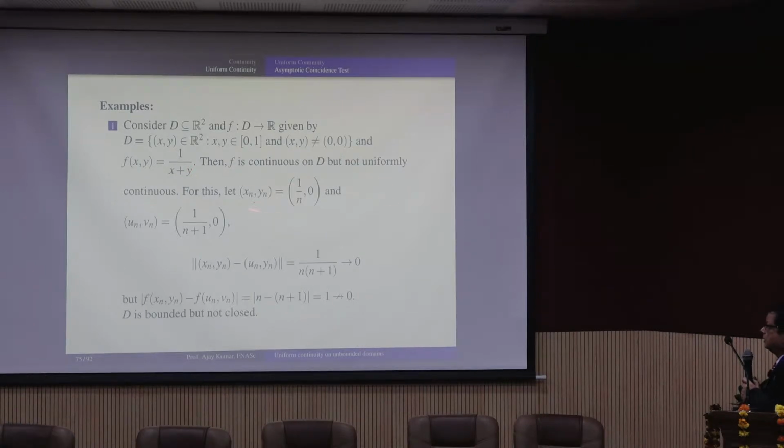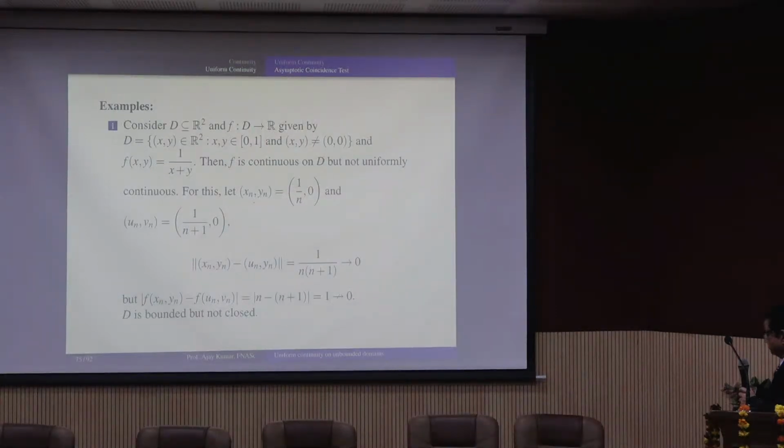How to see it? Consider the sequence (xn, yn) = (1/n, 0) and (un, vn) = (1/(n+1), 0). The Euclidean distance goes to 0, but the difference of the images does not go to 0. So this is not uniformly continuous. Keep in mind D is bounded but not closed.